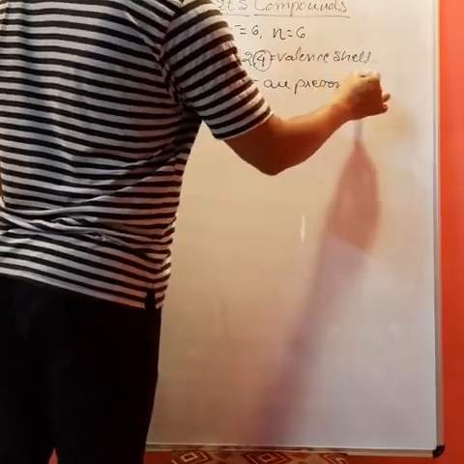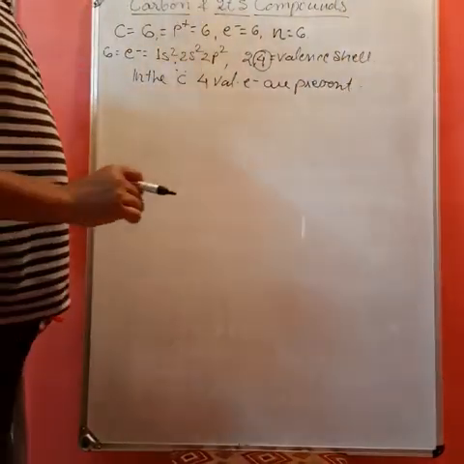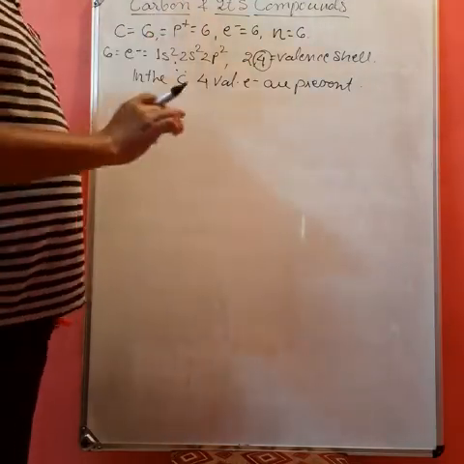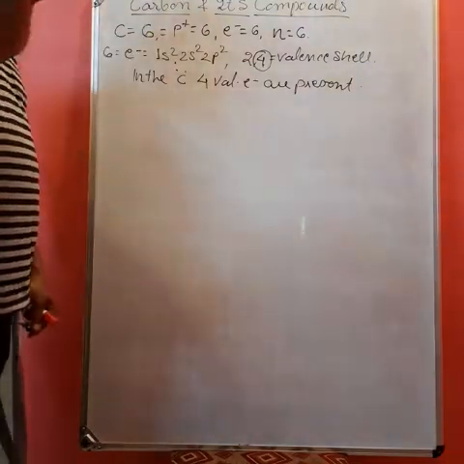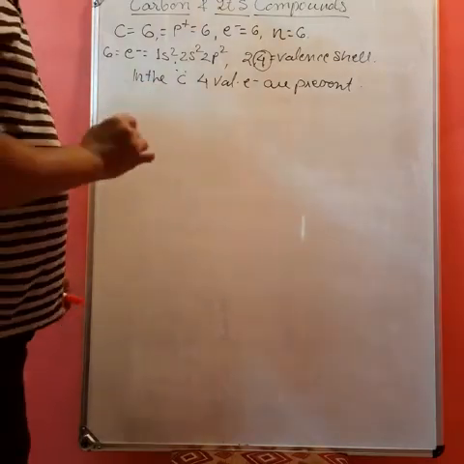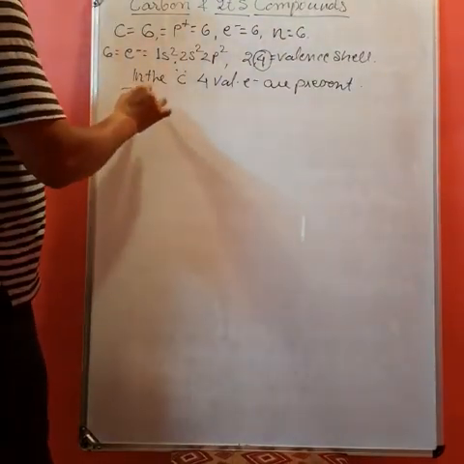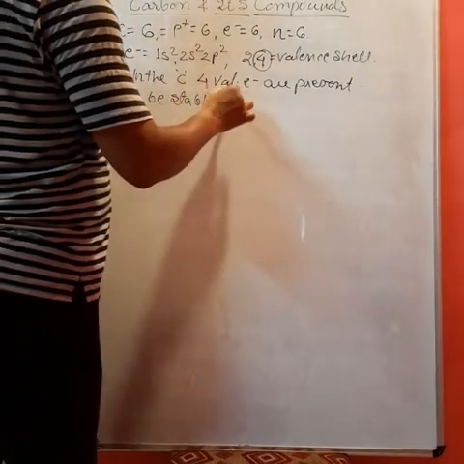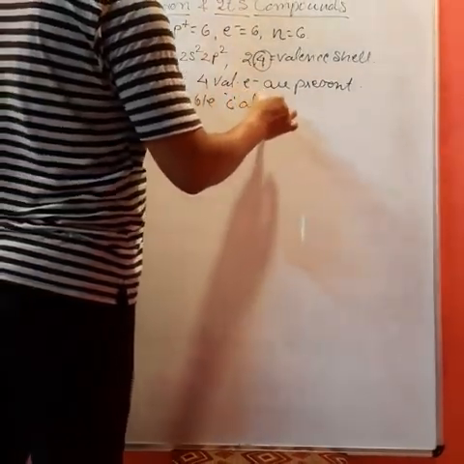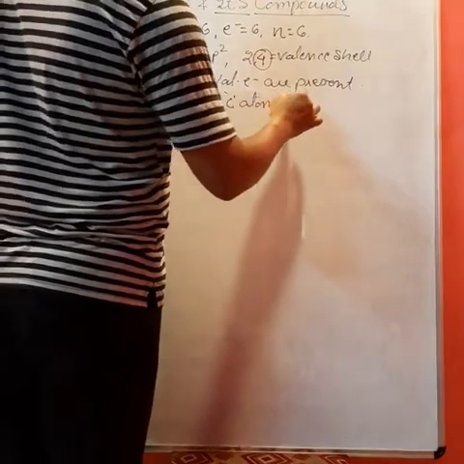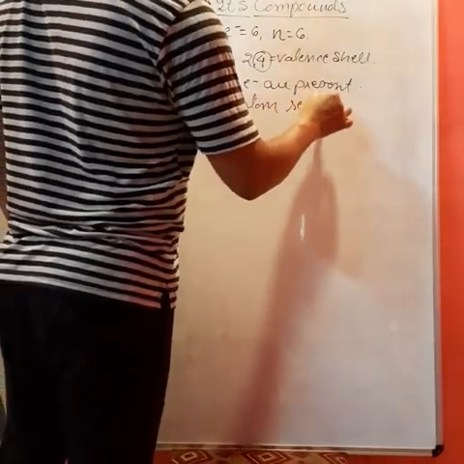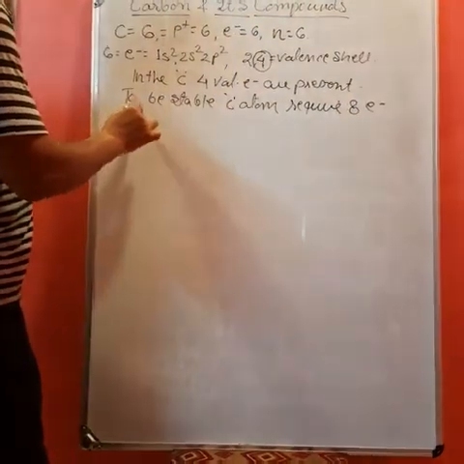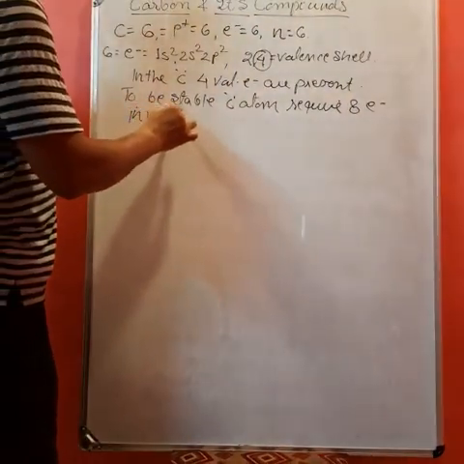But students, we know that to be stable, an atom requires 8 electrons. That is, the valence shell must have 8 electrons to be stable. The carbon atom requires 8 electrons in the valence shell.